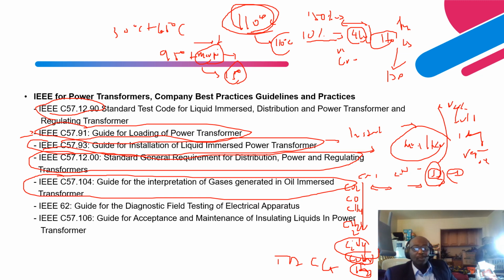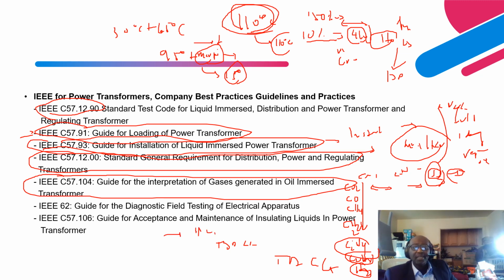Okay, so once we tell them that, they know that you have used this document and you know what you're talking about. Based on, let's say, total dissolved combustible gas, in condition 3 or condition 4, you move to the diagnosis stage.